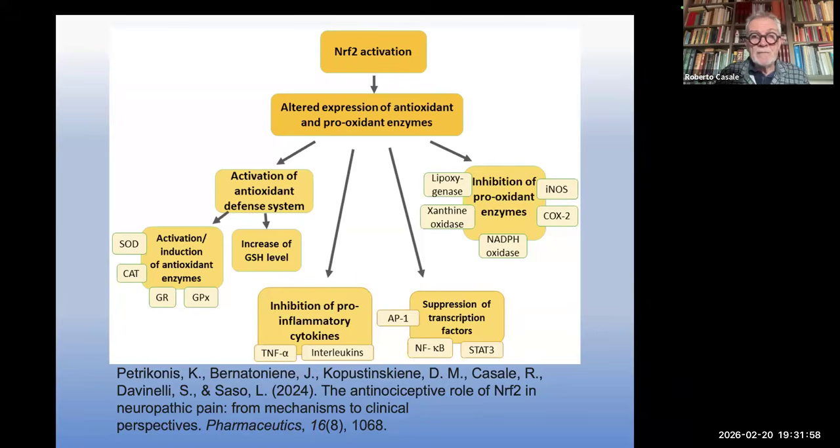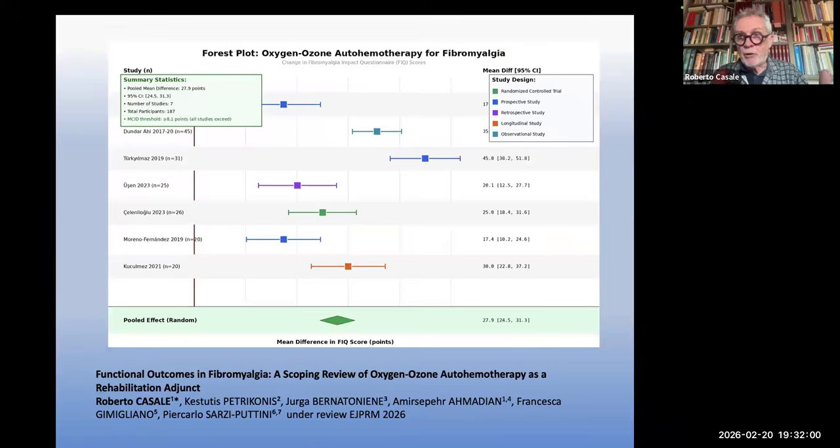So what I am proposing in a recent publication we did is to use oxygen ozone autohemotherapy in fibromyalgia, because in literature there are several papers related to the activity of oxygen ozone.